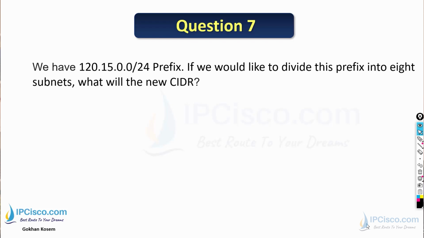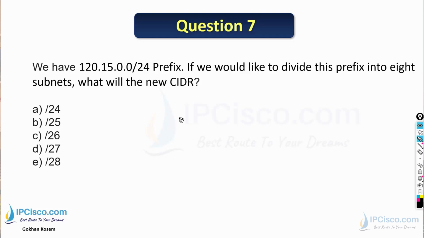We have the 120.15.0.0/24 prefix. If we would like to divide this prefix into 8 subnets, what will be the new CIDR? Here are the answers. I'll give you some time again. Here we will find how many bits we need to borrow from the host part.